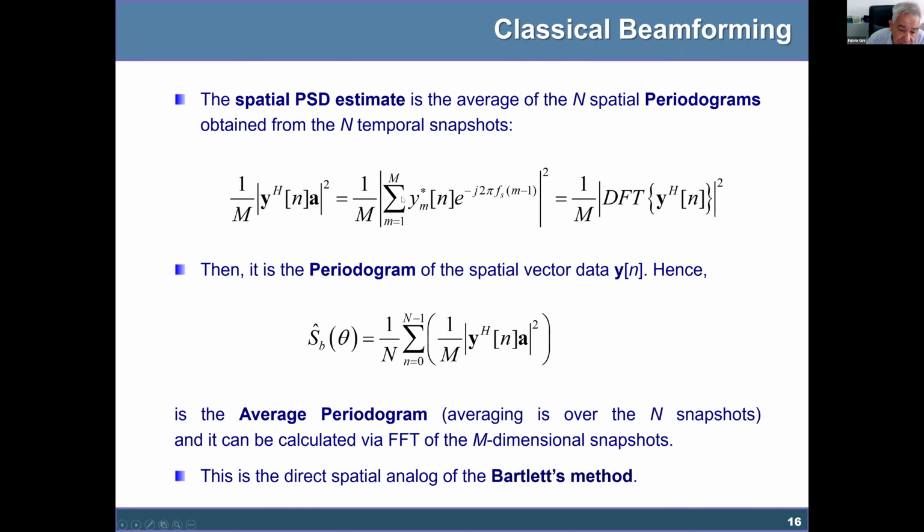Fs, if you remember, is d over lambda sine of theta, where theta is the direction of arrival.